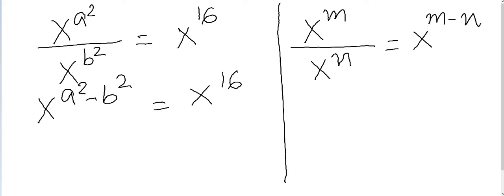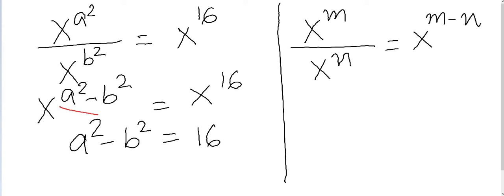So now if you have x to the power something equals the same x to the power something else, then you can see that a square minus b square has to be equal to 16, right? So these two exponents have to be equal to each other.